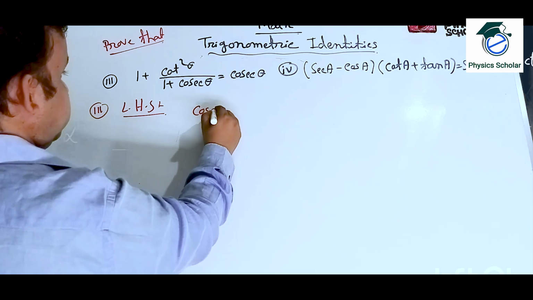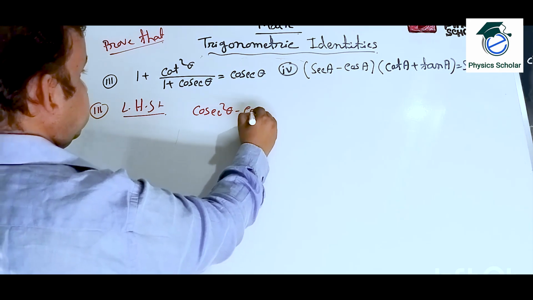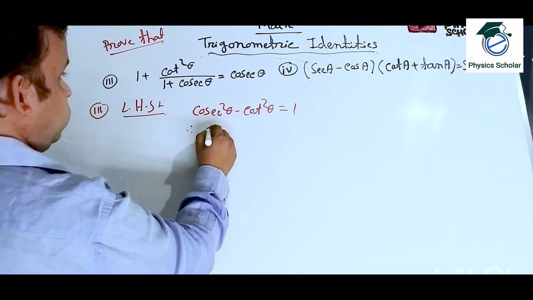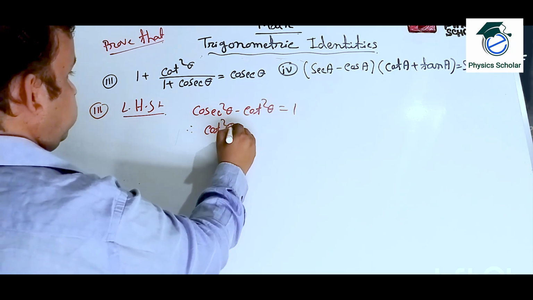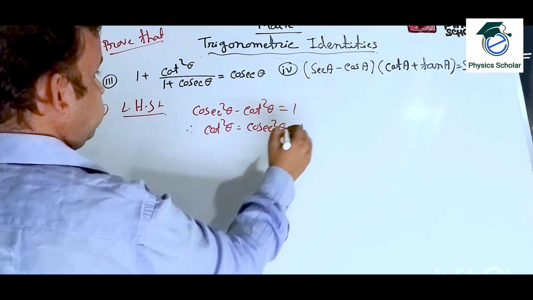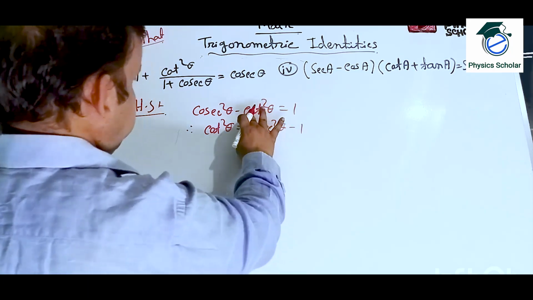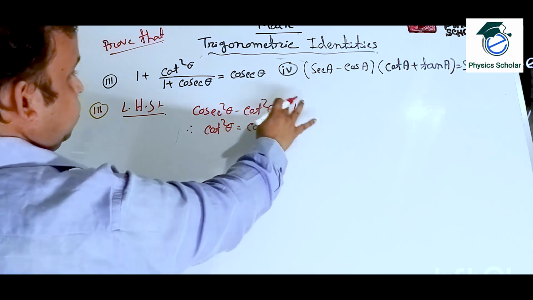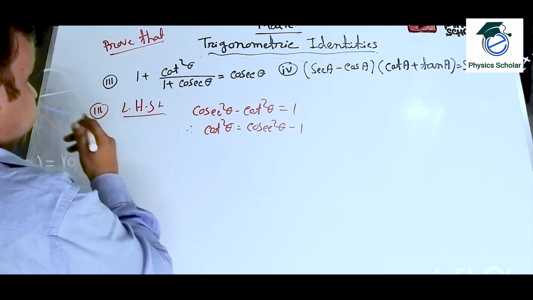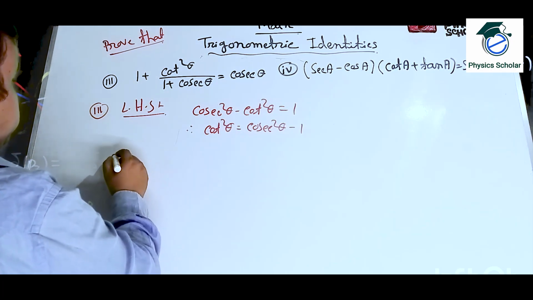So left hand side, what we know? Cosec square theta minus cot square theta is equal to 1. Therefore cot square theta is equal to what? Cosec square theta minus 1. Clear? So if we change the cot square theta to the right hand side and bring here, then it will be what? Cot square theta is equal to cosec square theta minus 1. Clear? So what we can write now?